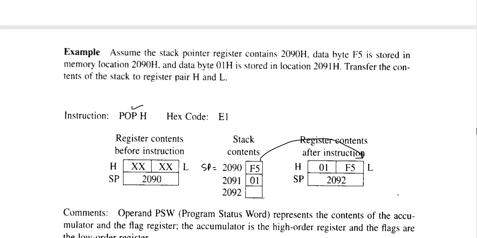The 2090 location having value F5, which is pointed by the stack pointer, will move to the register L. After that, stack pointer will be incremented by 1 automatically, and from this location the data moves to the H register, and after moving, stack pointer is again incremented by 1, and it becomes 2092. In this manner we can retrieve the value of registers from the given stack.